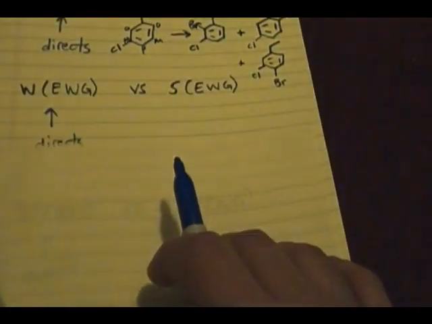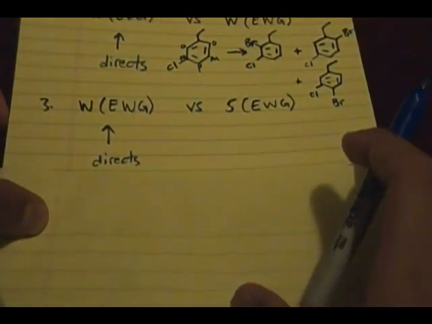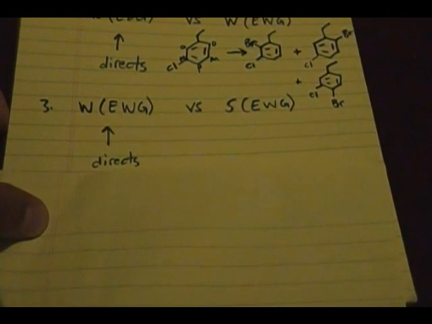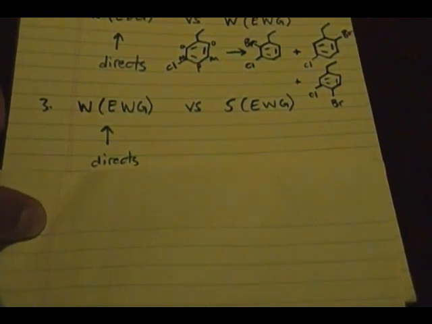Okay, the third one is weak electron withdrawing group and strong electron withdrawing group. The weak electron withdrawing group will direct the position of the incoming group, incoming substituent. So the weak electron withdrawing group that we'll be focusing on are halogens, but there's a little twist to that.